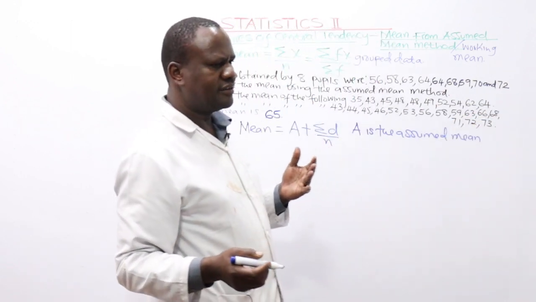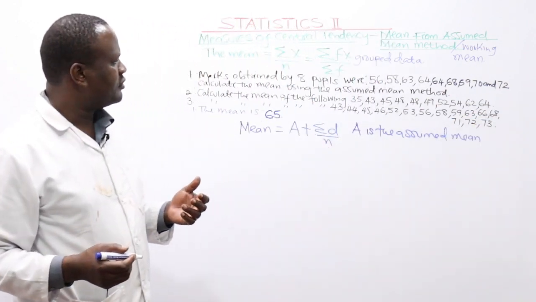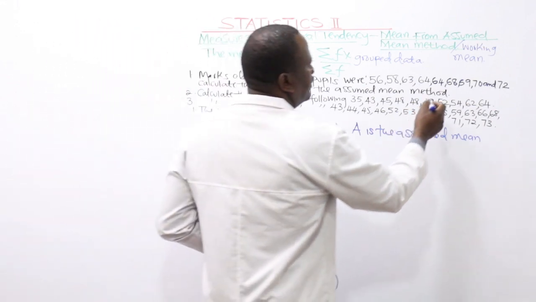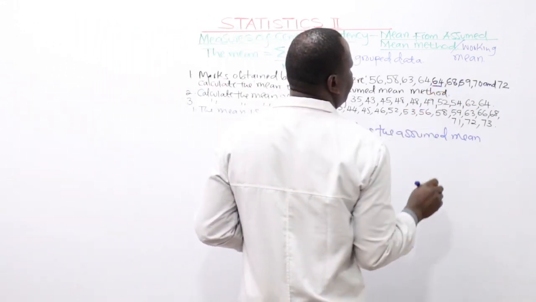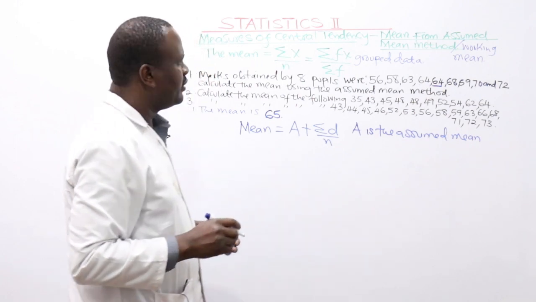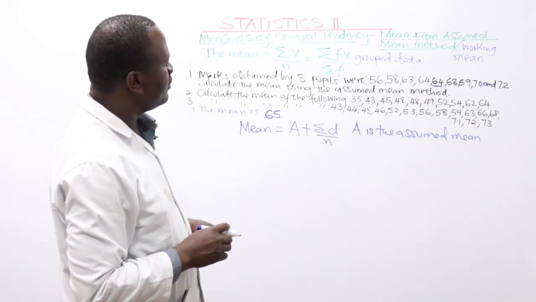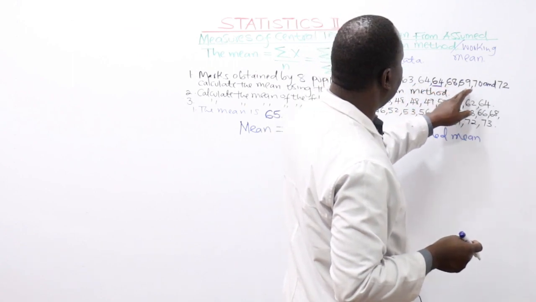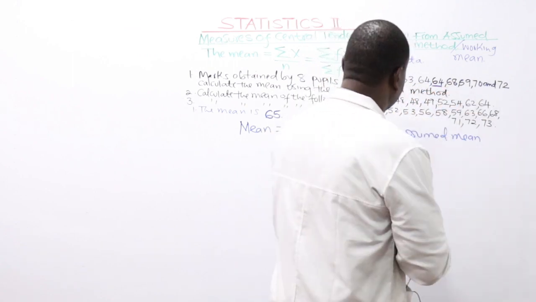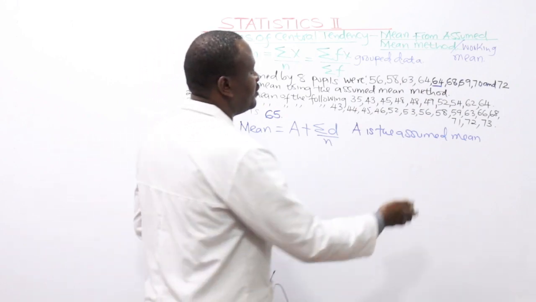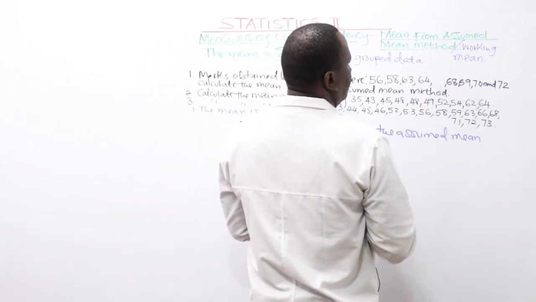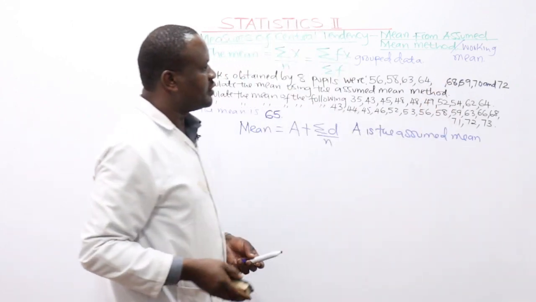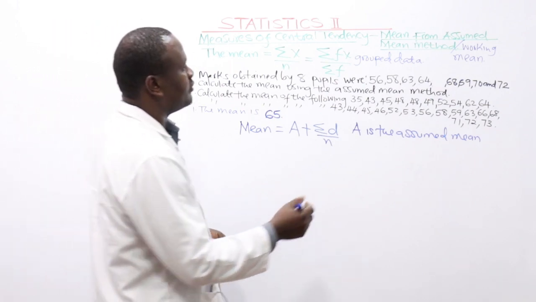What is the average? When we look at 64, we see it is repeated and it is closer to the mean.